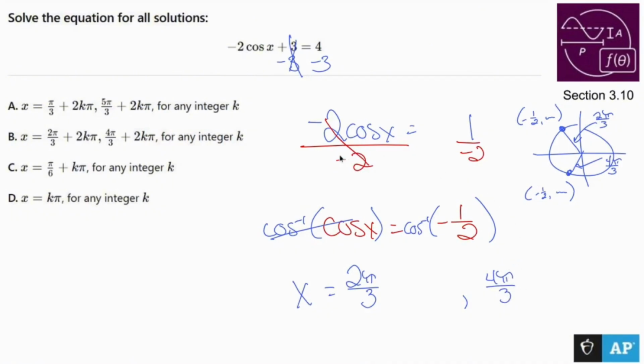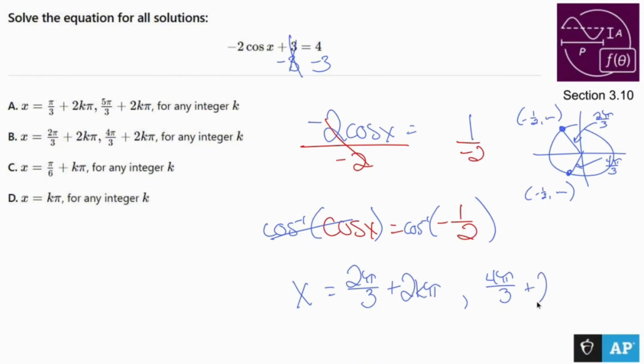Now, the reason why we're allowed to have multiple answers is because every time we spin around the circle, we hit the same dot again. So every spin around the circle is 2 pi. If I go around 2 pi, I go around 4 pi, I go around 6 pi. So what we do is we just say we'll do 2k pi, because it could be 2 times 1, 2 times 2, 2 times 3 pi, whatever.